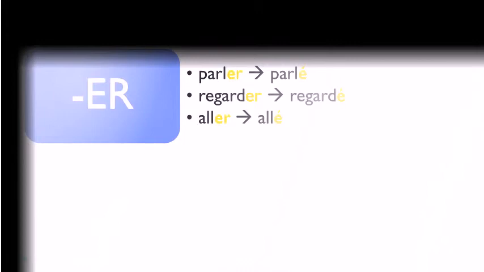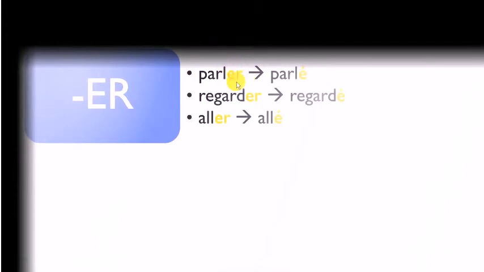And then for the second part that we use, what we call le participe passé. So the thing is that for the first group of verbs, we talk about the verbs ending at the infinitive form with er. Okay, so these verbs are quite easy. Have a look at the first example that I put, parler, to speak, to talk. So you can see that it ends with er here.